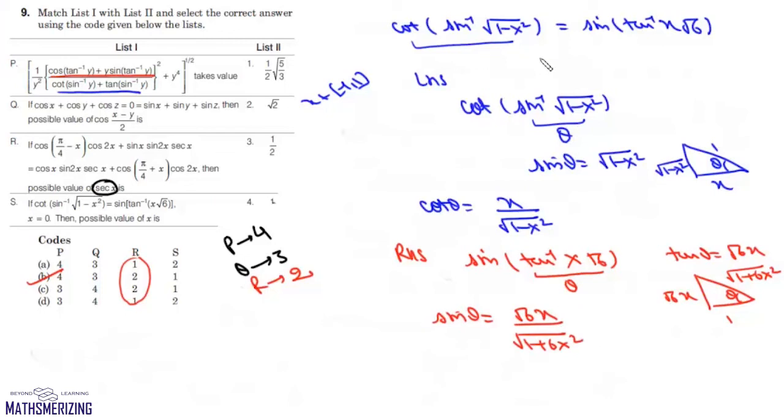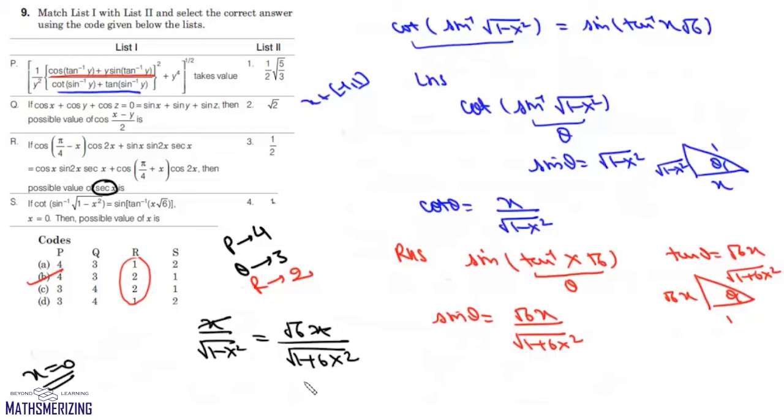Now we'll rewrite this equation. We can write this equation as x into under root of 1 − x² equal to under root of 6x upon under root of 1 + 6x². Now here x and x will cancel. So one of the values of x will be x = 0.